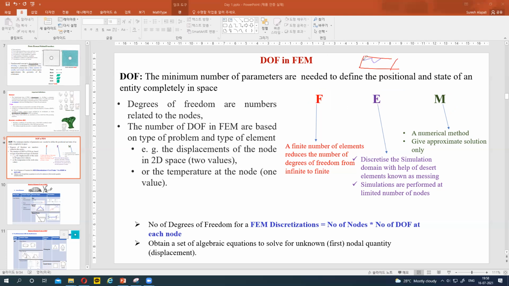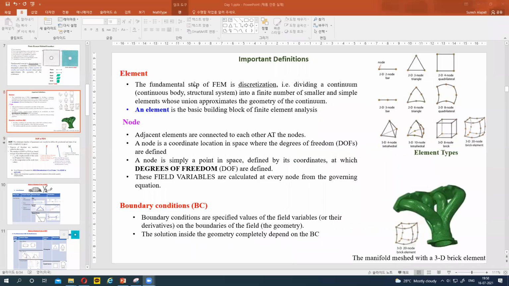The number of elements and the number of nodes are different. You may want to know the difference between a node and an element. I will explain. This is a node, this is a node, and this is a node, but this is only one element. It consists of 3 nodes.